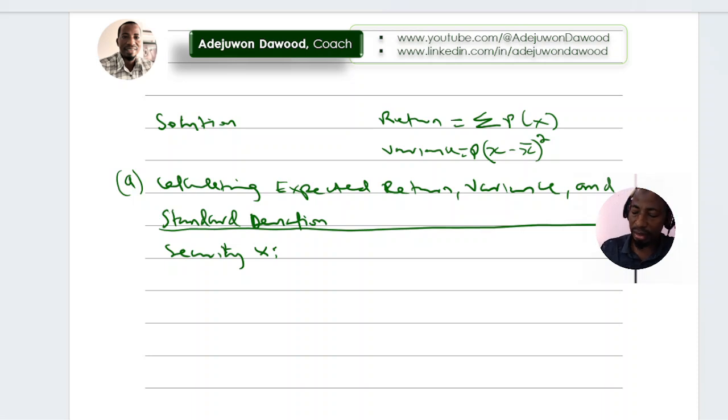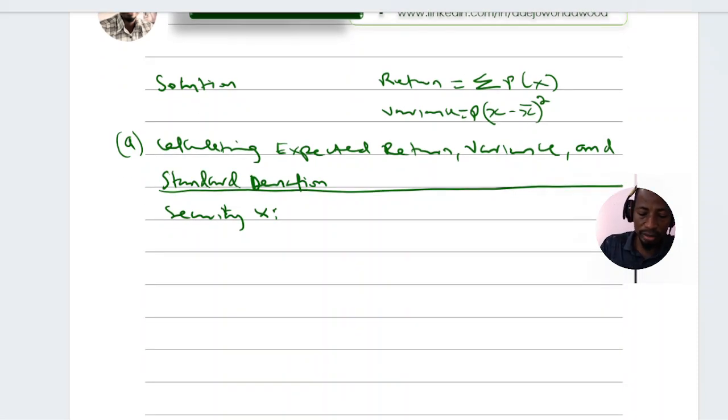So let's expand this. I will create a column for state of nature. In the question, the examiner did not give us state of nature, even though probability usually comes with state of nature. So we have probability, then the return, expected return.